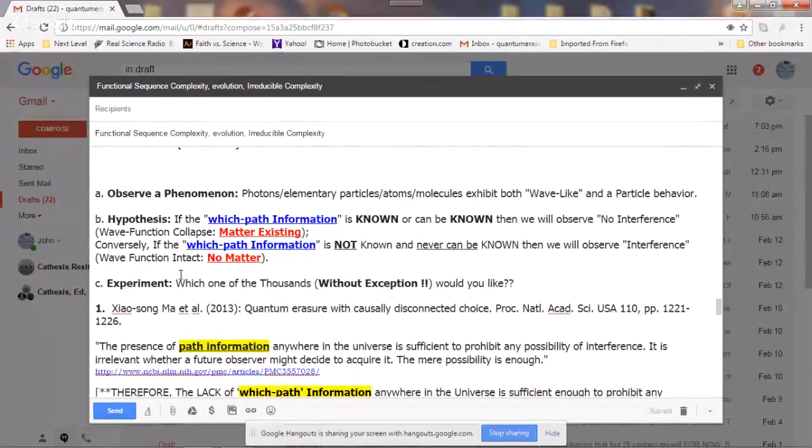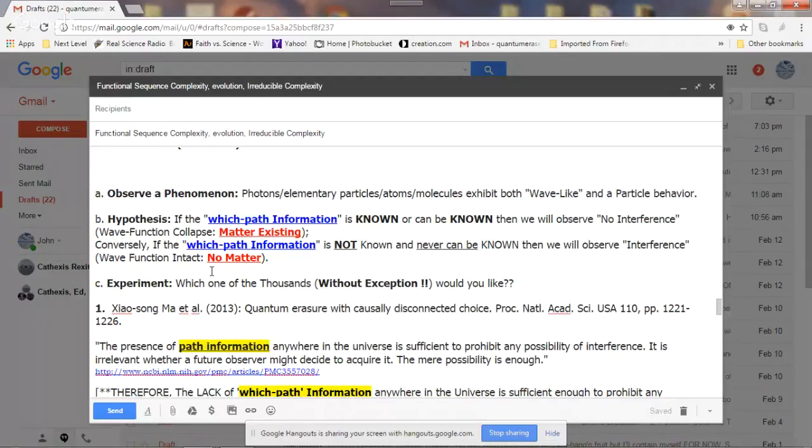So, scientific method, observe a phenomenon. Photons, elementary particles, atoms, molecules exhibit both wave-like and particle behavior. The hypothesis, if the which path information is known or can be known, then we will observe no interference. Wave function collapse. That's matter existing.